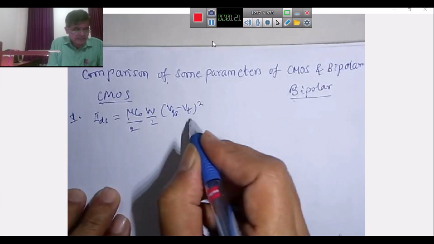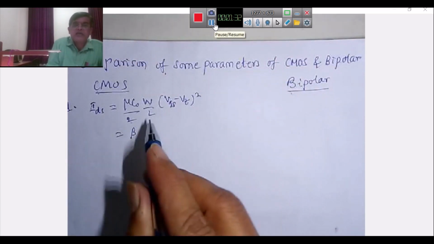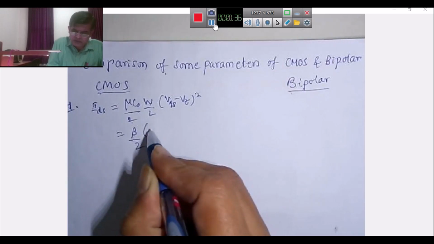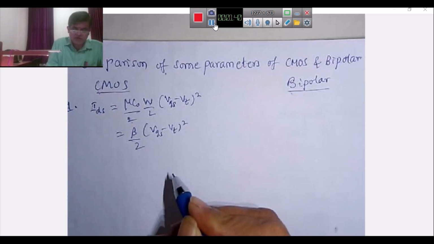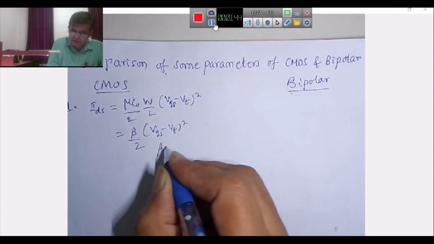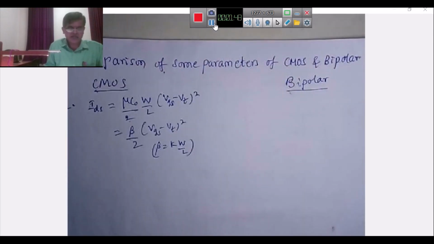Or in terms of beta we can write this as beta by 2 into bracket VGS minus VT whole square, where beta is equal to K W by L, you know that.